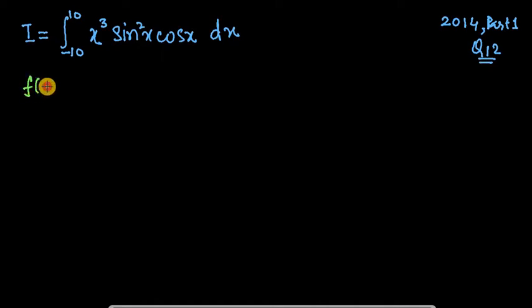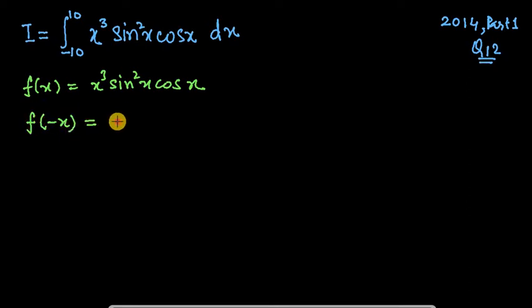So we can say f(x) is equal to x cube sine square x cos x. If we replace this x by minus x, it will be f of minus x, which is equal to minus x whole cube sine square minus x multiplied by cos minus x.